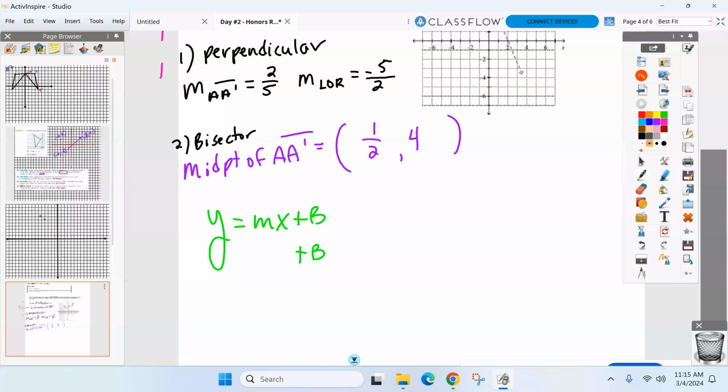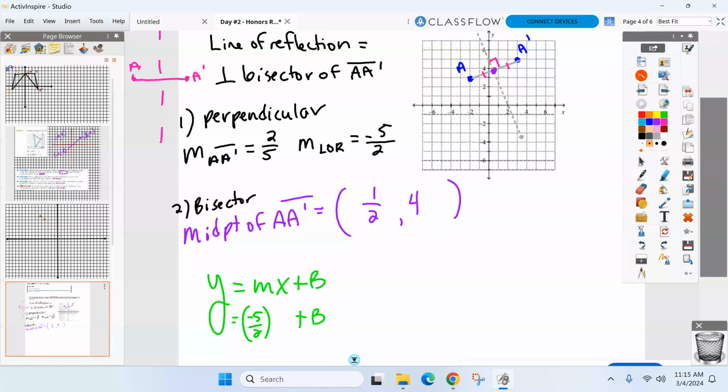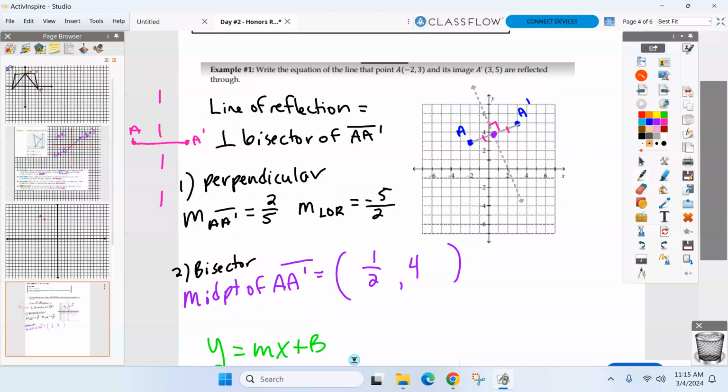So we have to plug in for the other 3. We already know the m value, -5/2. And what did we always plug in for y and x? A point on the line we're writing the equation for. That's why you needed the midpoint. The only point I know that's going to be on my line of reflection is the midpoint. So I need to plug it in to find the y-intercept.